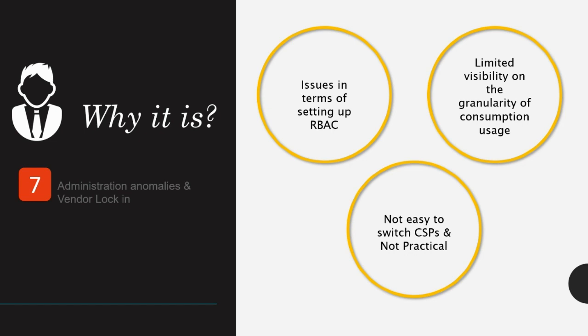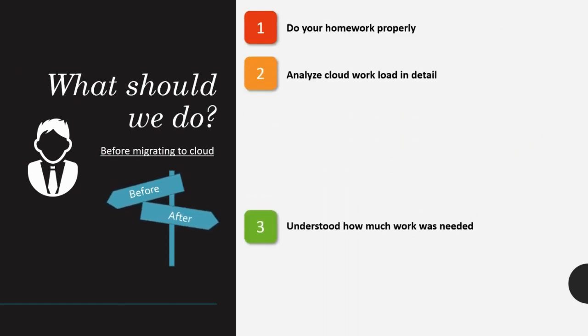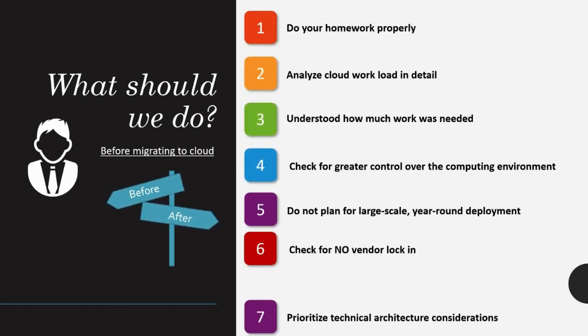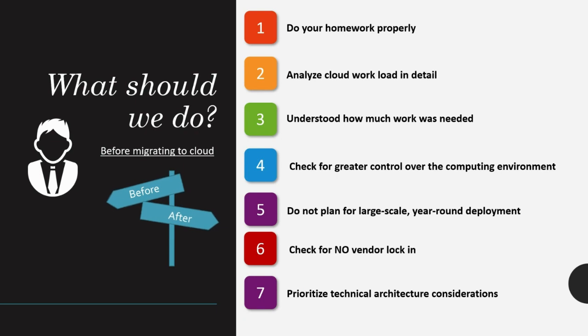So what should we do before we migrate things into the cloud? Number one, do proper due diligence and homework before adopting the cloud. Number two, analyze cloud workload in detail to control the cost, shut down resources when not in use, and spin up or down on a need basis.